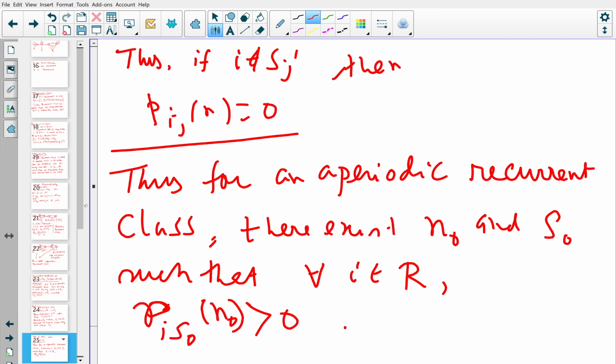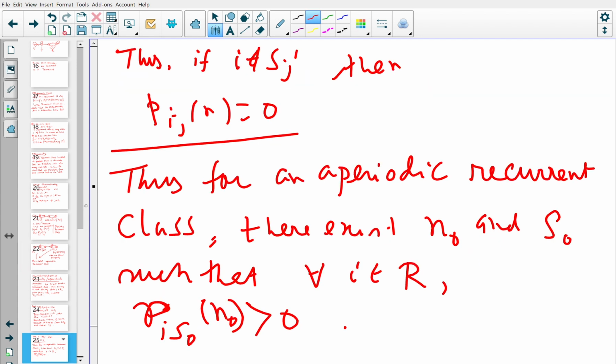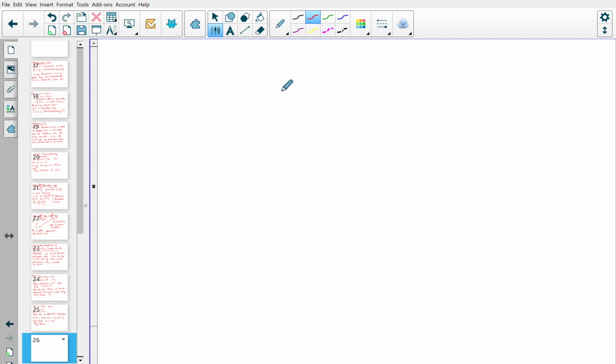Okay. For example, in this aperiodic example, let me write down this example again. You have 4 and 5, and then these and these, and you have these, right?